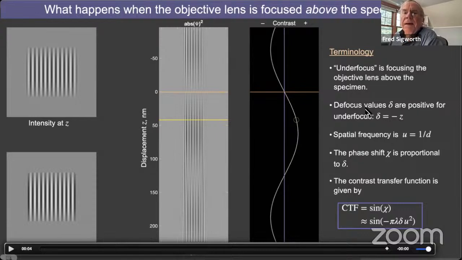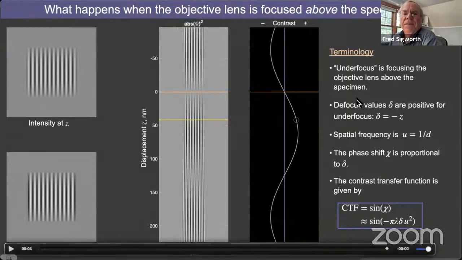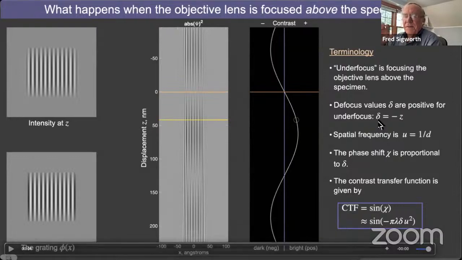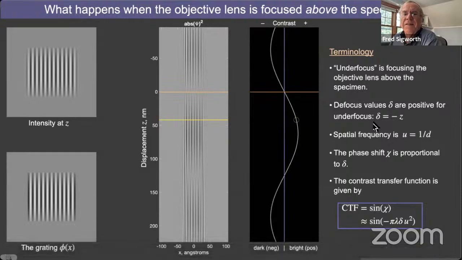So here's the terminology. When we talk about the amount of defocus when we take an image, we're always talking about focusing above the specimen. So I'm going to use delta for the amount of defocus, and z increases downward. So that's the definition of delta. We also talk about spatial frequency, which is 1 over the grating periodicity in this example.